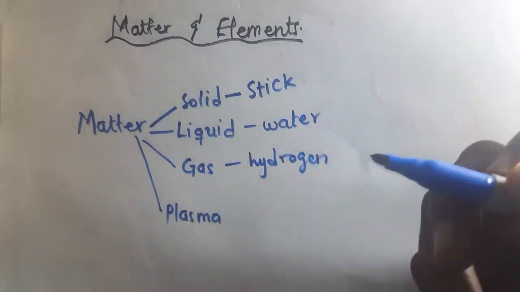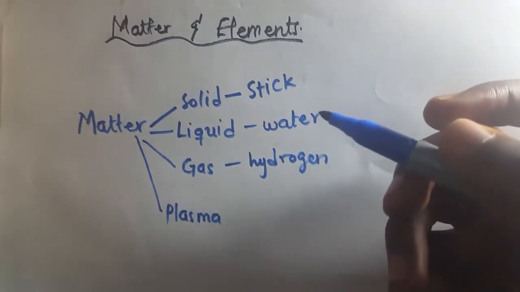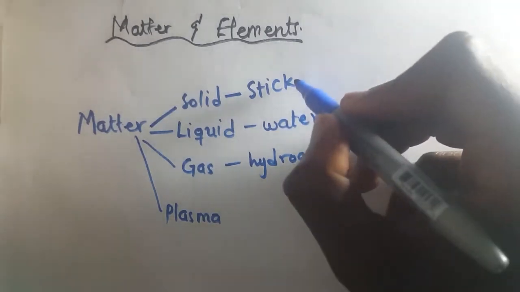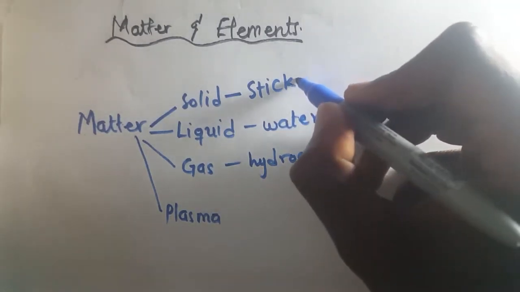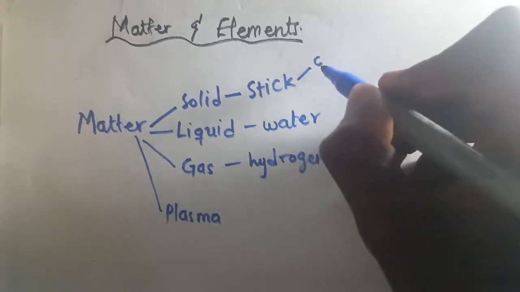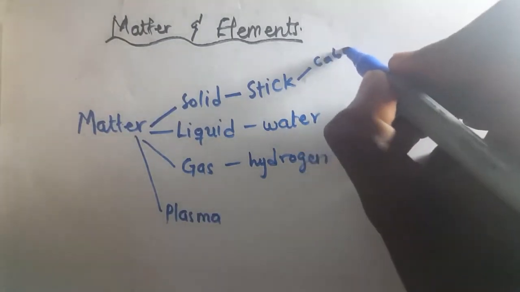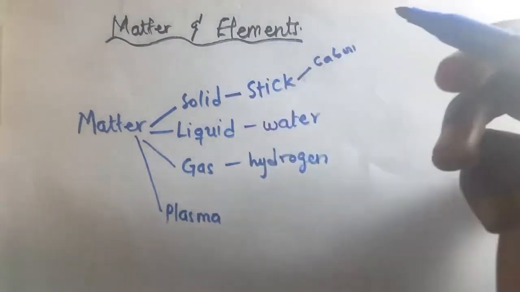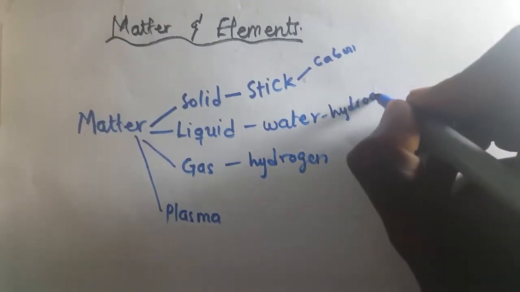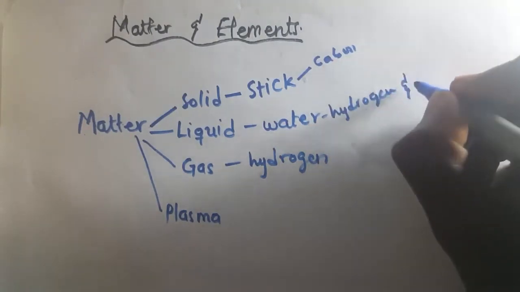Now with this stick, you can break the stick down into pieces to get to the little element, maybe carbon or any other element, forming this solid. Water has hydrogen and oxygen.